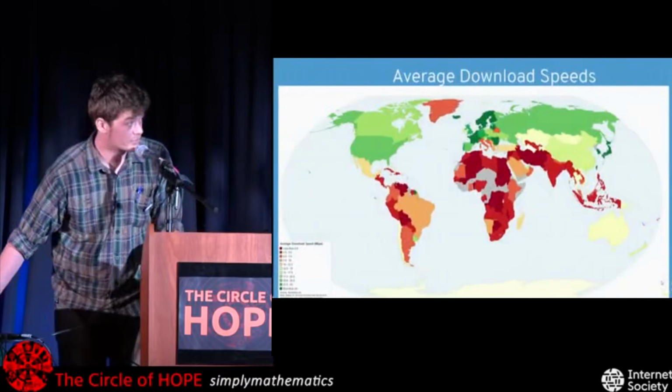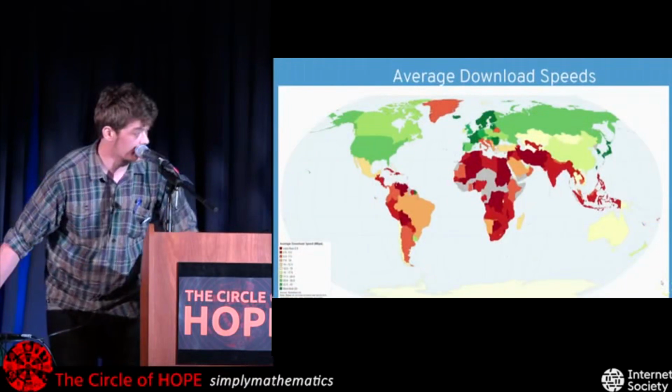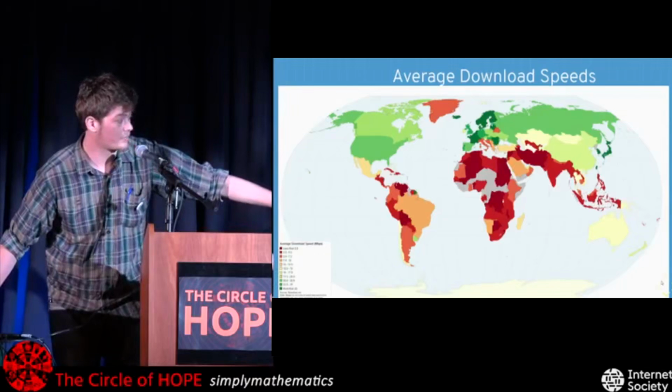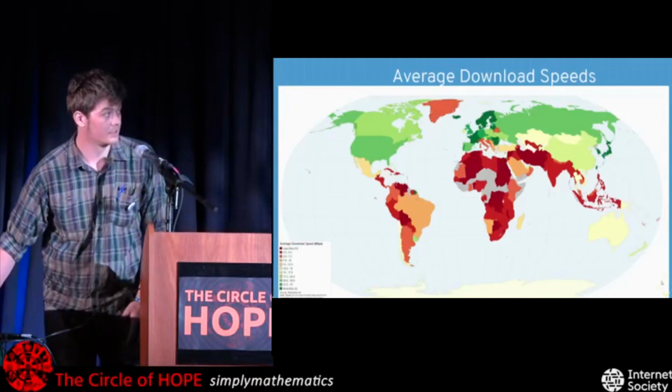Here are average download speeds around the world, and I know it's hard to read, but the green is around 25, and the red is 0 megabits per second.